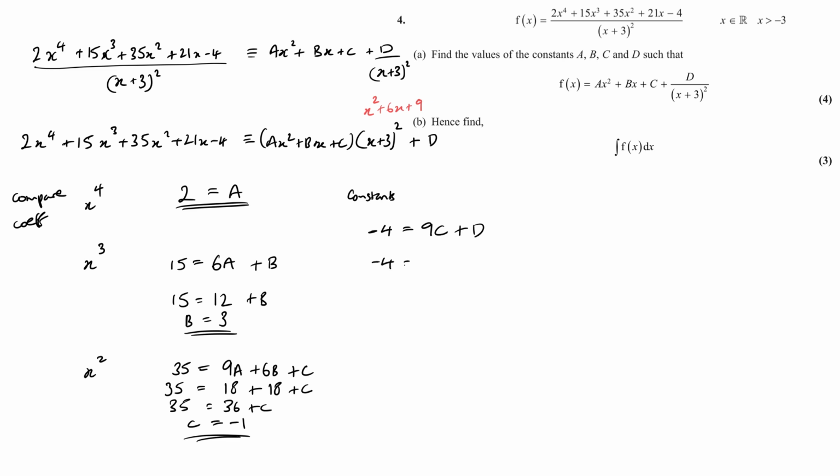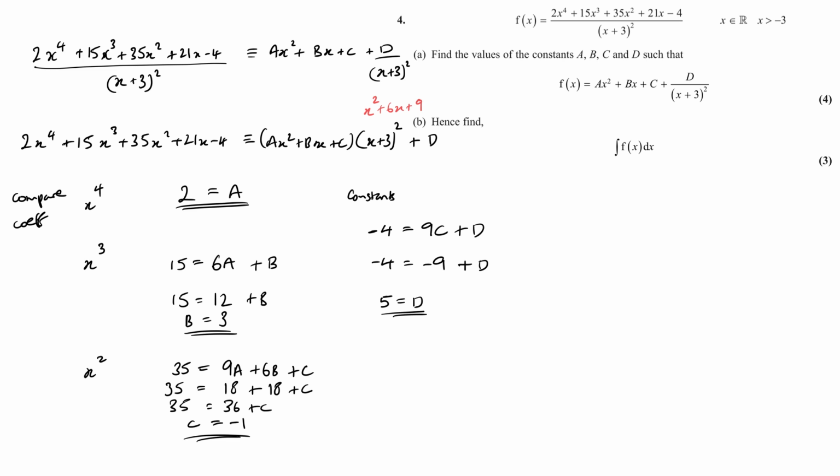So that's -4 equals, now c is -1, so this is -9 plus d. I'm adding the 9 to the left hand side, so that's going to give me 5. So 5 equals d, or d equals 5.